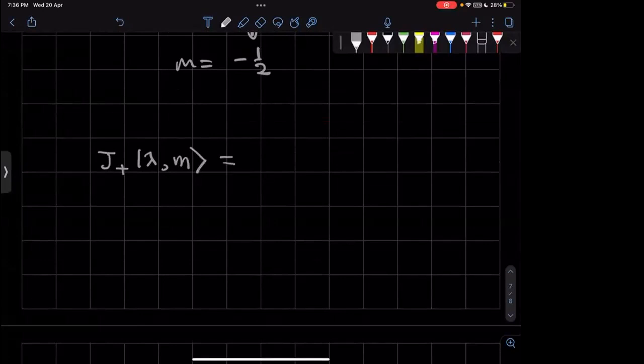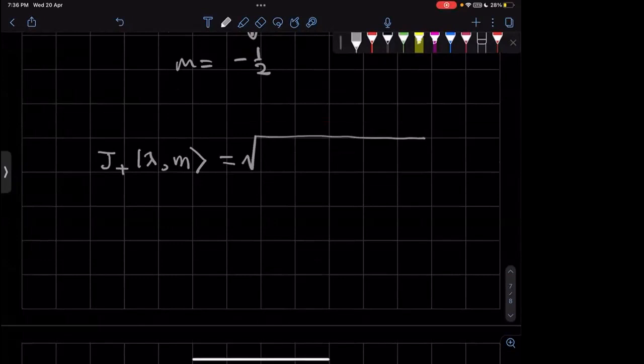Now, if I eliminate s in favor of m, then I get, and you get, this I leave as an exercise, it's just one line.